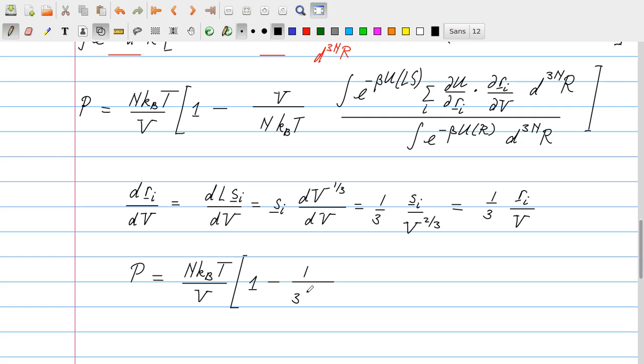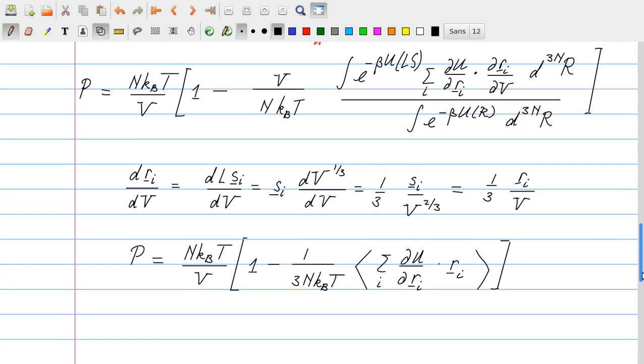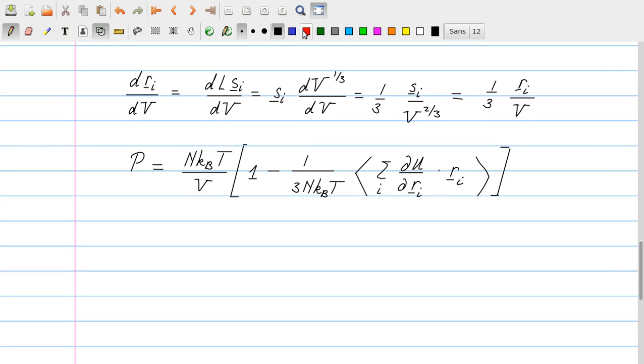So we have 1/3 NkT, and then we have in fact this complicated fraction of the two integrals, but we recognize this is a Boltzmann factor, integrated, but here there is an extra term, so it is just an expectation value of the term sum over i of dU dRi, and then the dRi dV, that was my Ri. Well, the V had already cancelled, so this is simply times Ri. And so that's the final result. And this term of which we take the expectation value is generally known as being the virial.